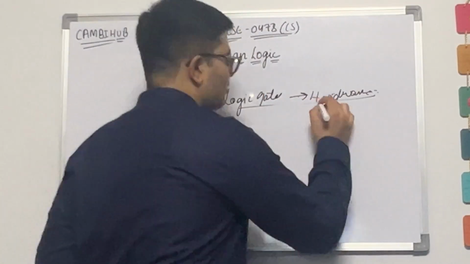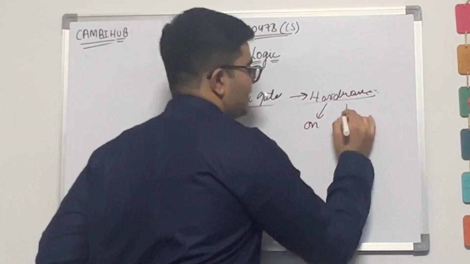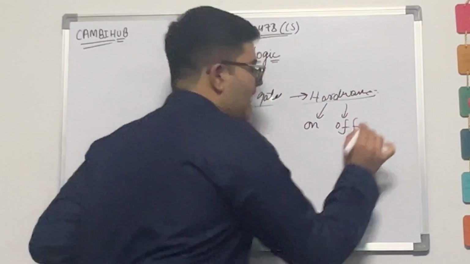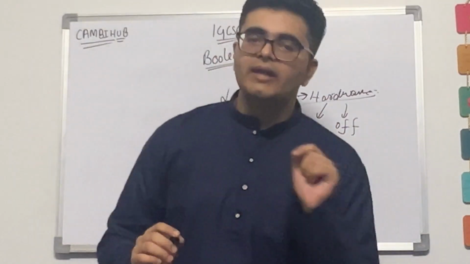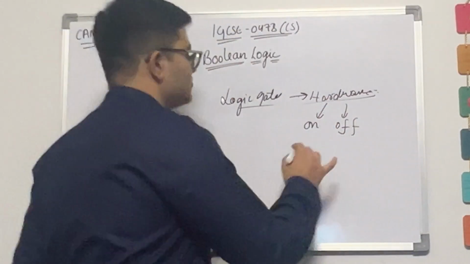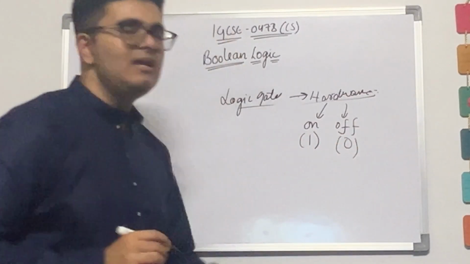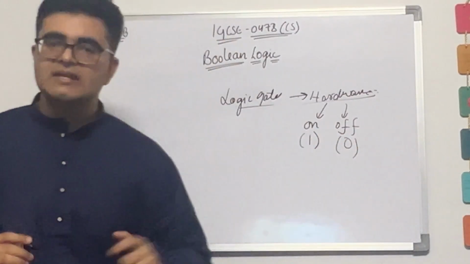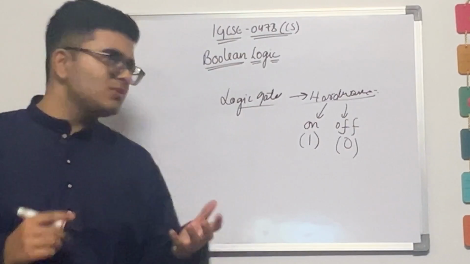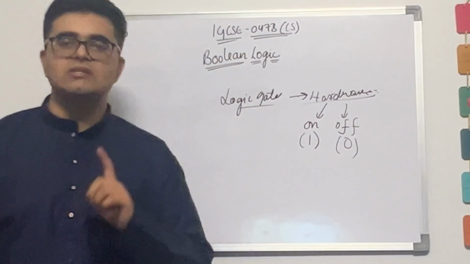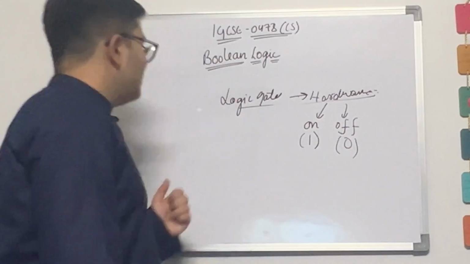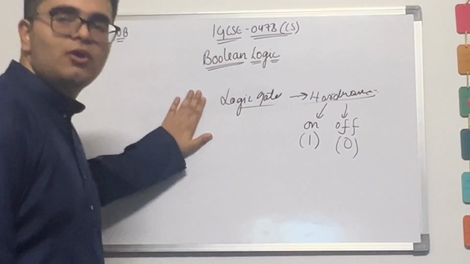Either the hardware component is on or it is off. They have switches, and switches can only be on or off. That's why computers use binary, because 1 is on and 0 is off. This is the only reason. Since these gates have two states, we have binary, which also has 1 and 0. So that's what we're going to study today, everything about logic gates.